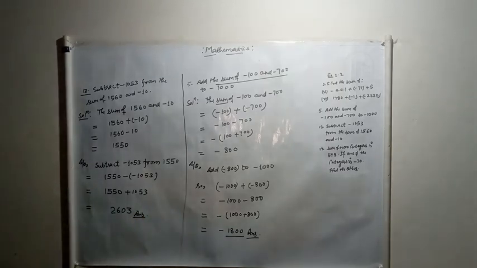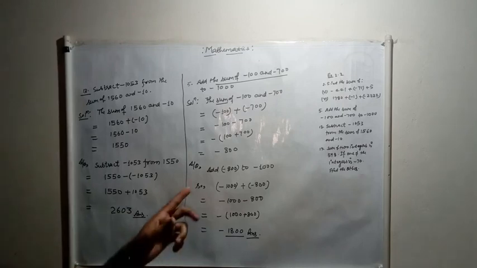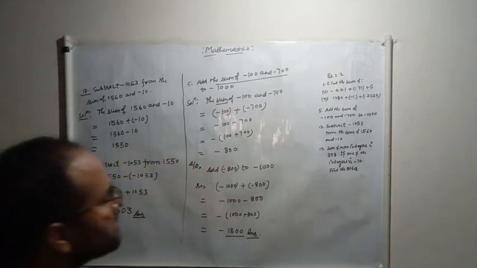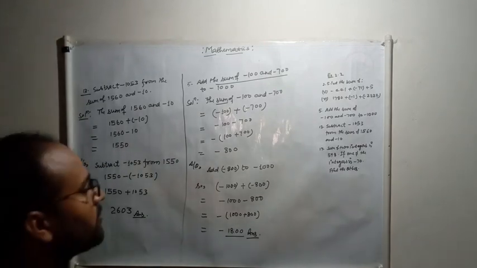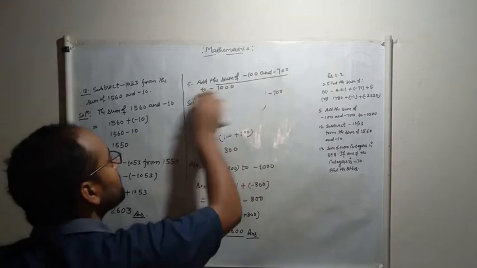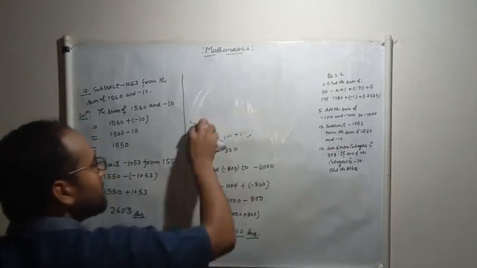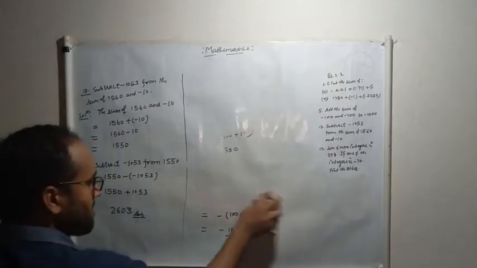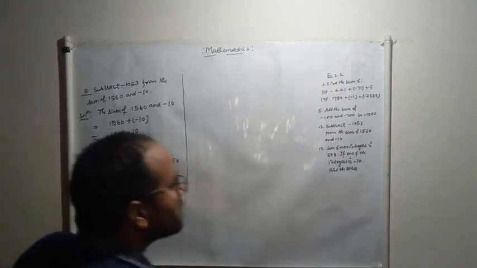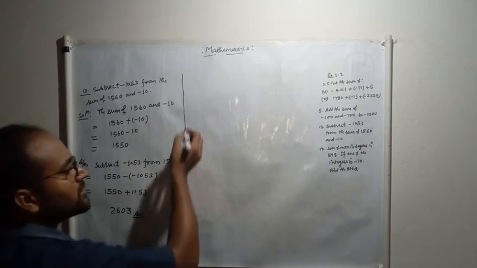And one more question I want to discuss with you. The sum of two integers is 558. If one of the integers is minus 70, find the other. This is question number 17.